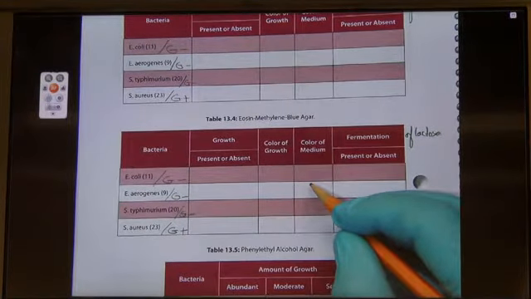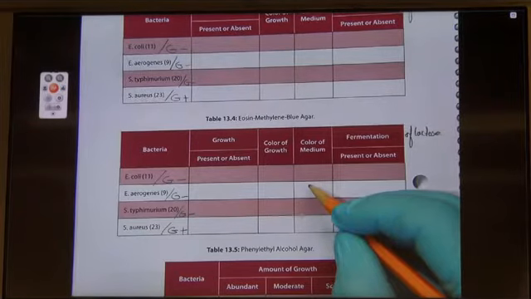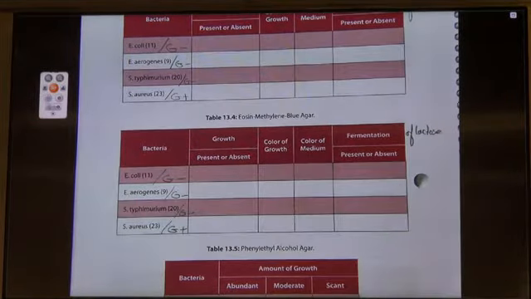Now, does anyone have a plate that has a green or green metallic halo around the growth? Look at your plate, please tell me. Sometimes it makes so much acid that you have a big halo around it. If you have a halo, say green metallic for the medium. If you don't, say no change.